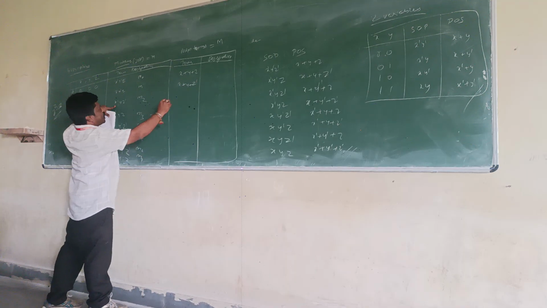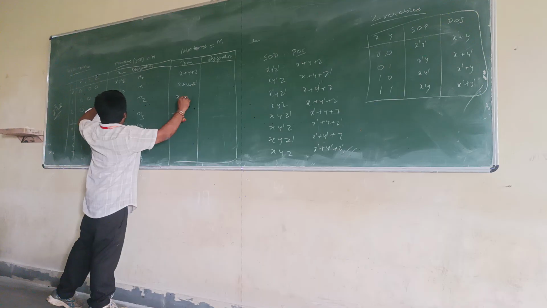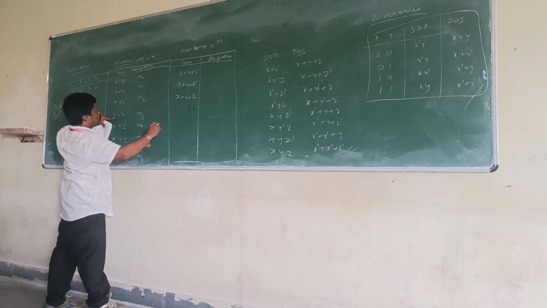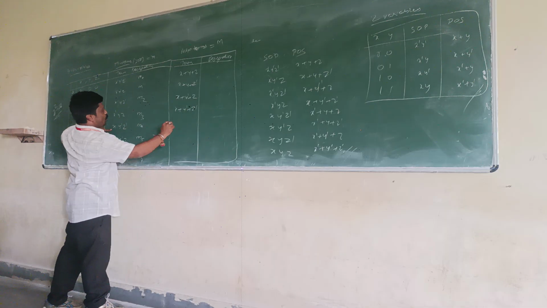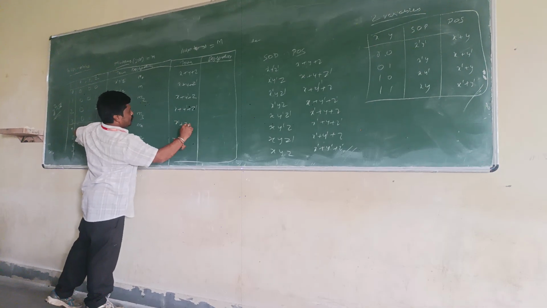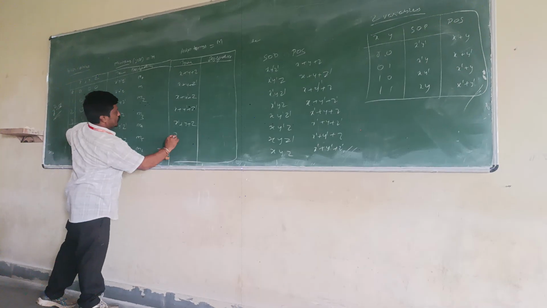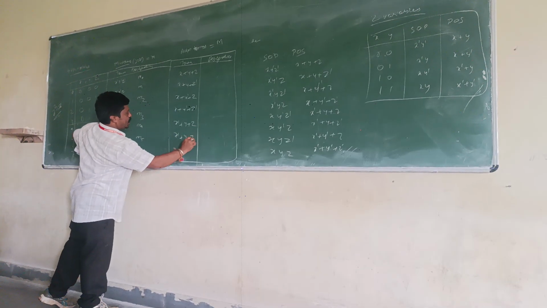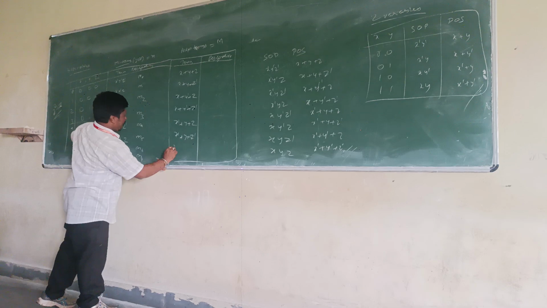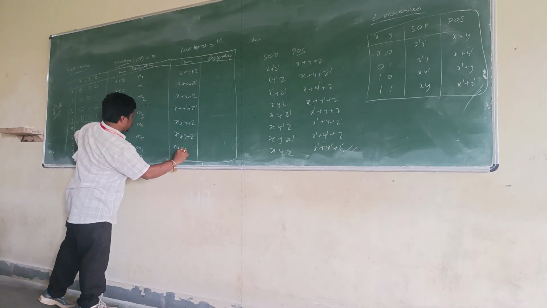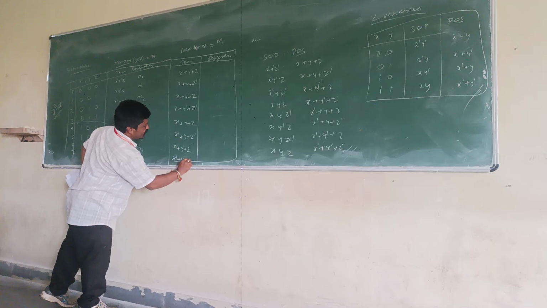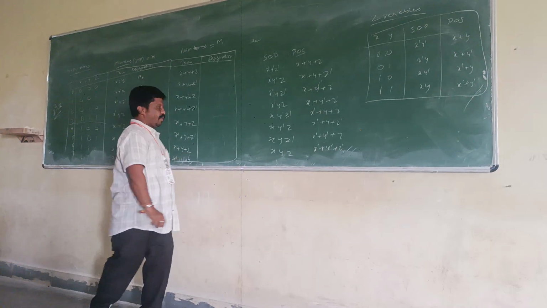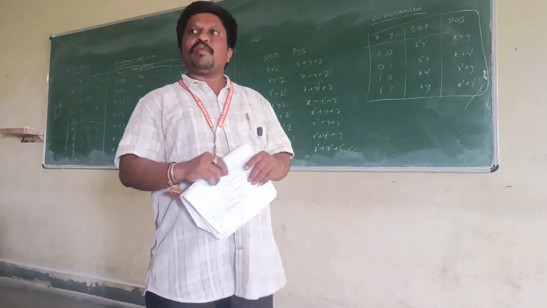Like this you should complete it: x plus y bar plus z, x plus y bar plus z bar, x bar plus y plus z, x bar plus y plus z bar, x bar plus y bar plus z, and x bar plus y bar plus z bar. I hope you are all copying this.